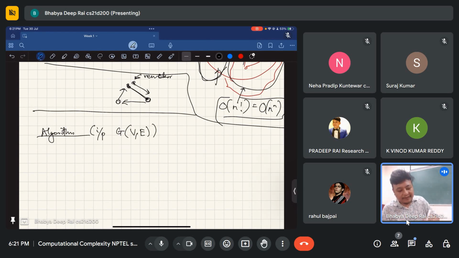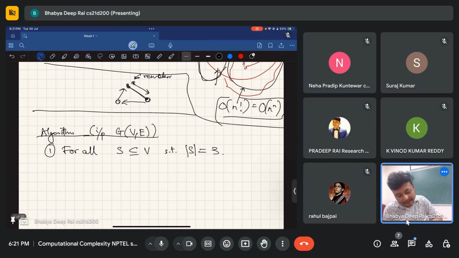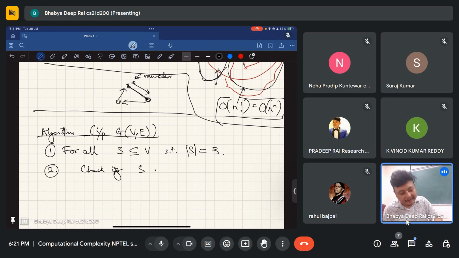Okay, with vertex set and edge set, now what I do is, for all S subset of V such that size of S is equal to 3, check if S forms a triangle.